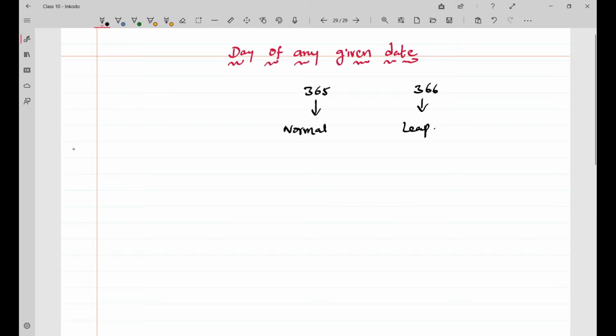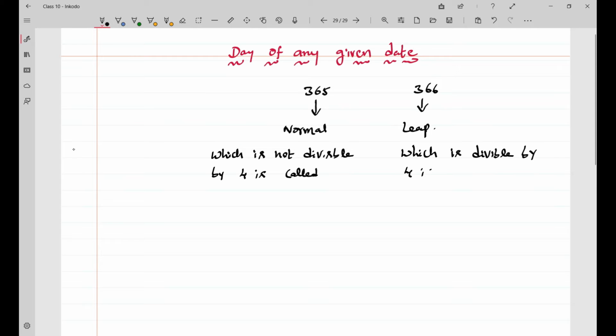First of all, you should know what is a normal year and what is a leap year. A year which is not divisible by 4 is called a normal year, and a year which is divisible by 4 is called a leap year.